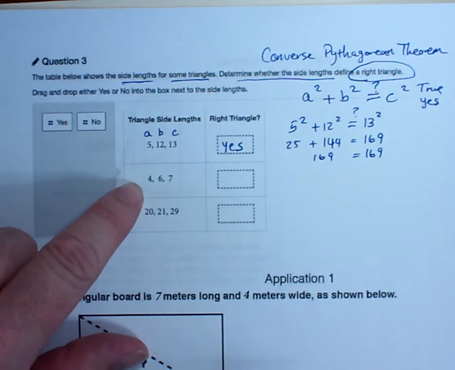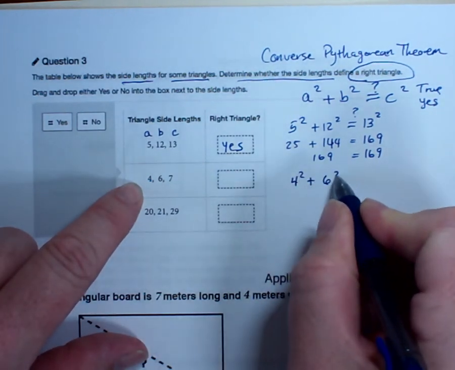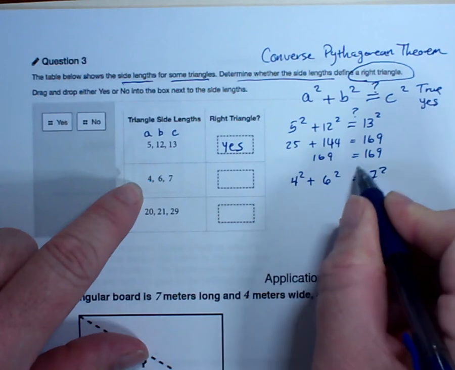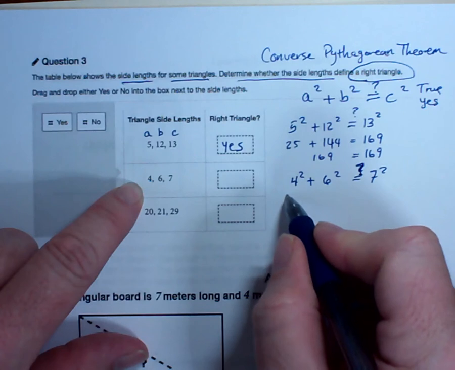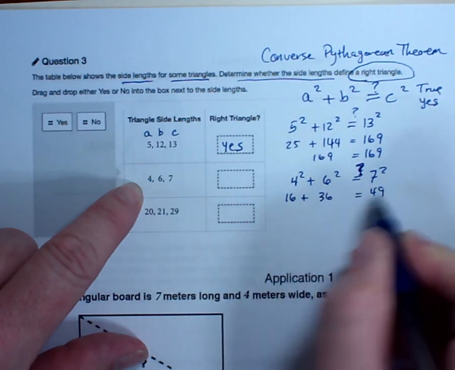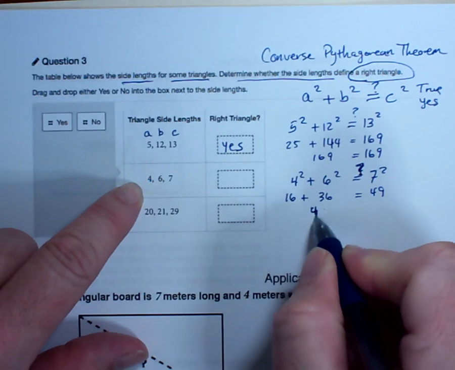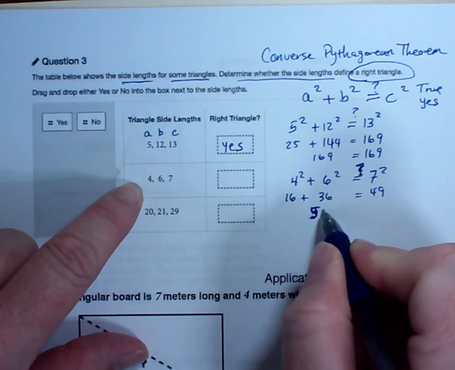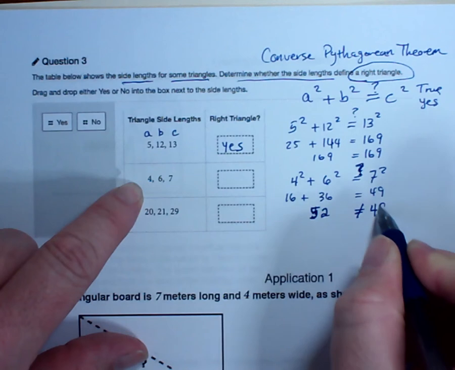Let's try 4, 6, 7. 4 squared plus 6 squared equals 7 squared? That's a question mark, sorry. 16 plus 36 equals 49. Oh no, this is 52, I would think. 52 does not equal 49.